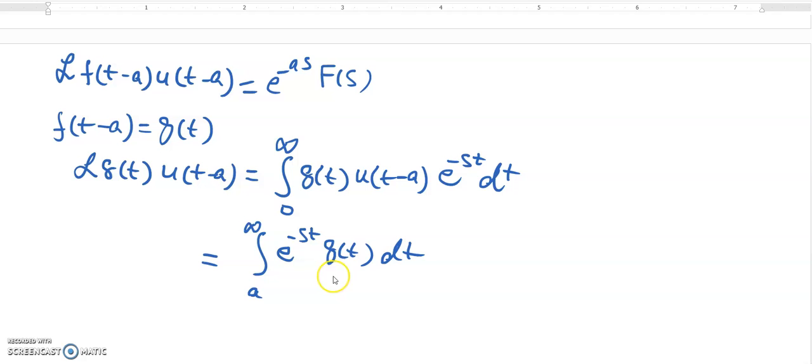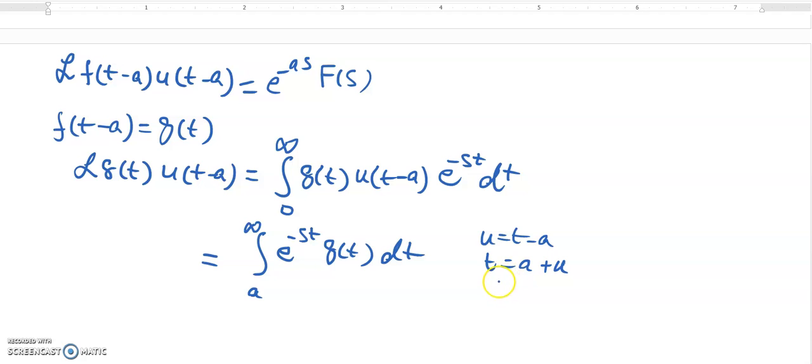However, this form is not very useful for us at this moment, because we want to convert it into some sort of Laplace format. So what we can do is assume that u is equal to t minus a, or t is equal to a plus u.